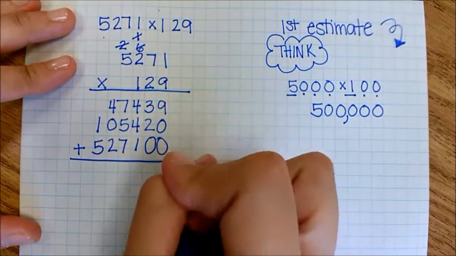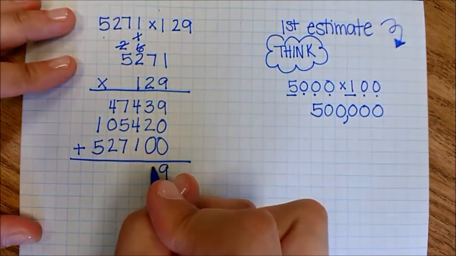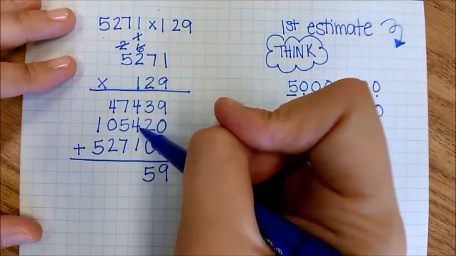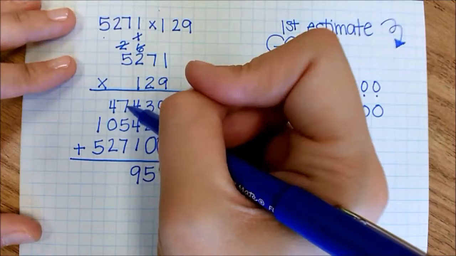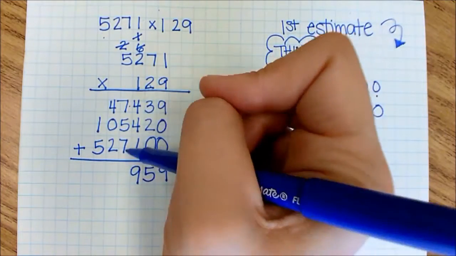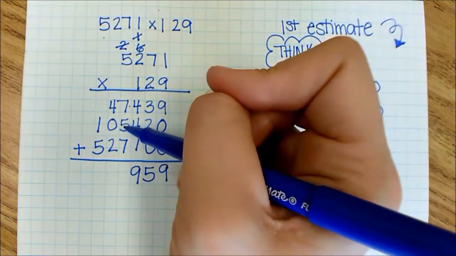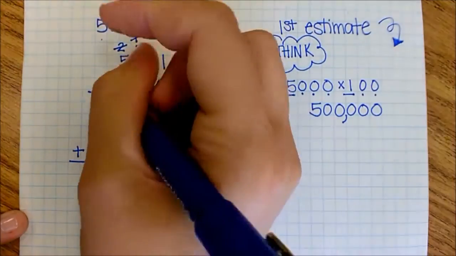9 plus 0 is 9, keeping them lined up. 3 plus 2 is 5. 4 plus 4 is 8, plus 1 is 9. 7 plus 5 plus 7. So 7 plus 7 is 14, plus 5 is 19. Put my 9 down here.